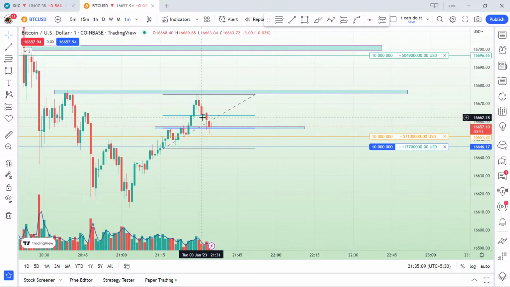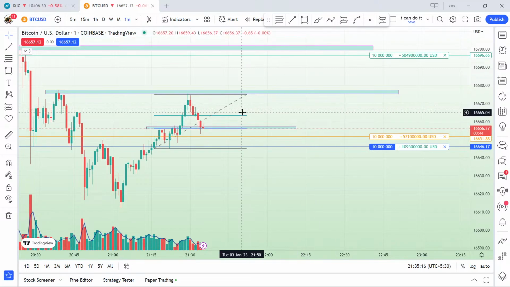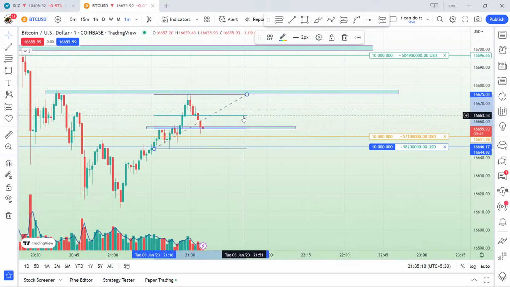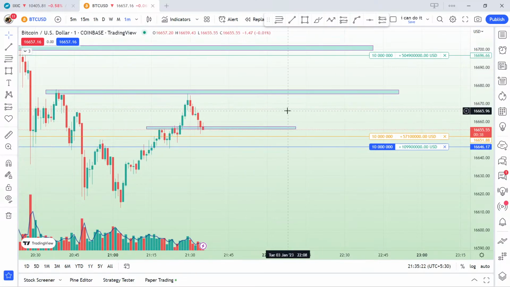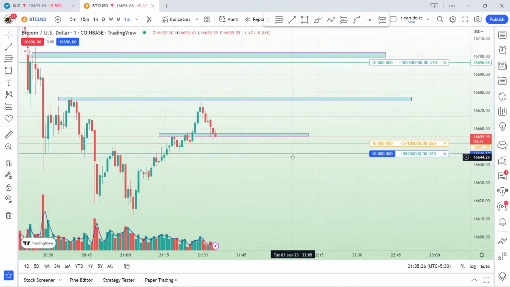You see the volatility has hit once, twice. I'll just remove these fib levels now. They're not of much use anymore because I've marked the area. All I have to do is wait for the market to move.